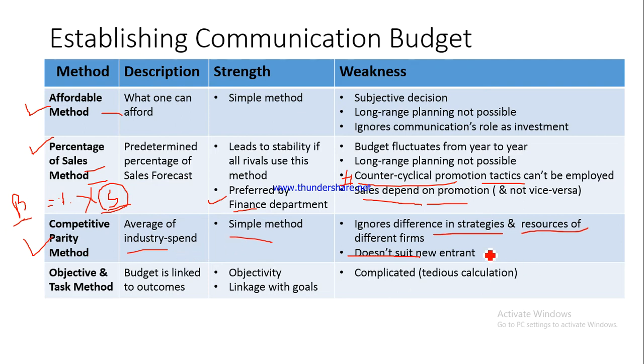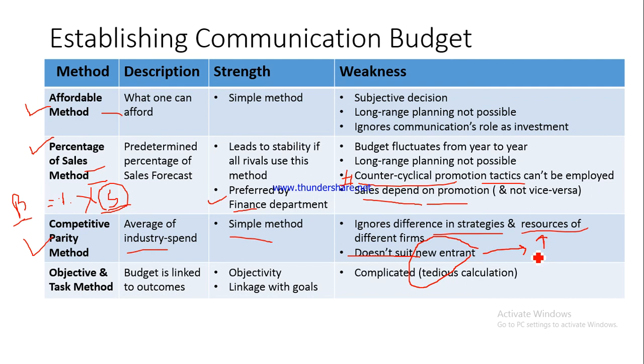But please understand, the already entrenched rivals, the already established rivals will have lots of resources, since they are already there in the market. So naturally it's not possible for this new entrant to spend that much, because it's a new entrant in the market, maybe a small one.